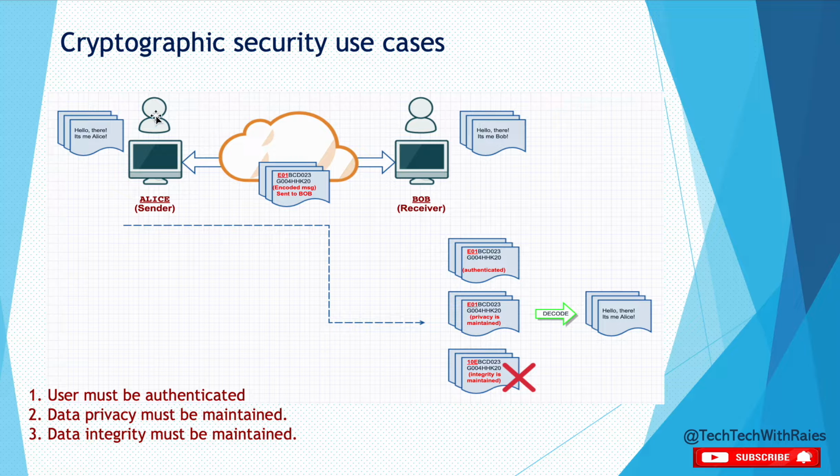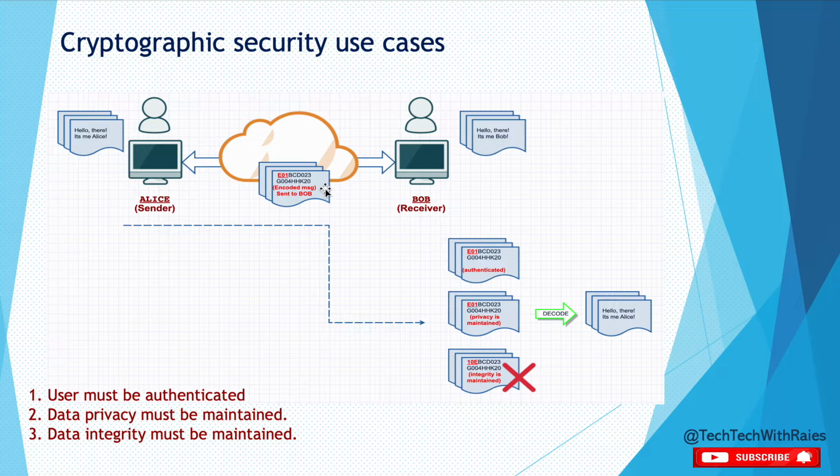Another use case: here you can see this is the message. This complete message is sent over the internet or some communication channel, and then it is received by the receiver. The message is there in the cloud or on the internet somewhere. If we send it just like that, there are possibilities it can be hacked or someone can read it silently.